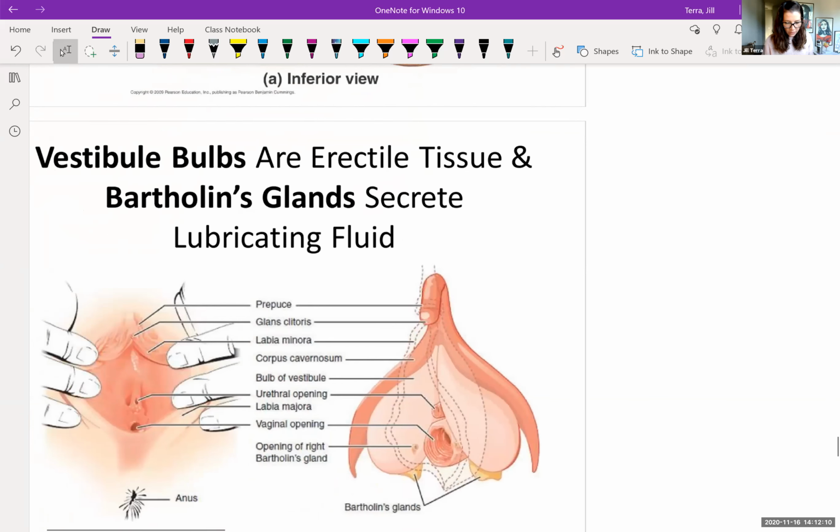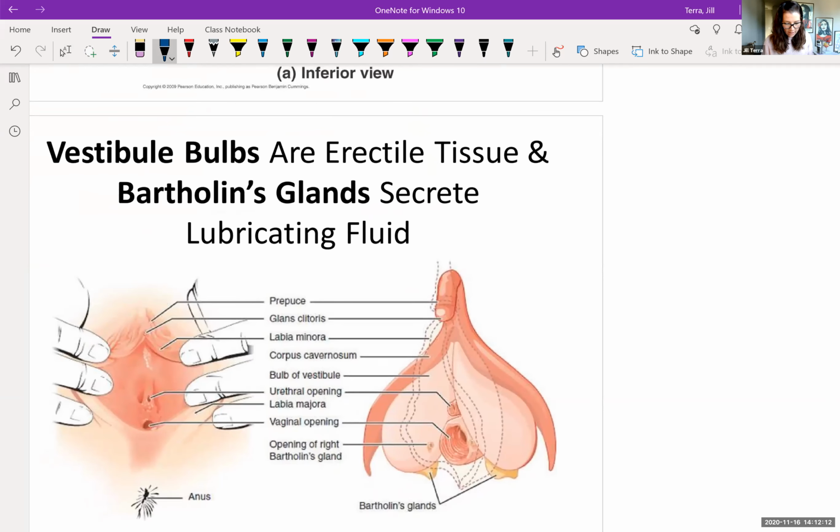Here's the vaginal opening, and flanking on the sides are these two openings of Bartholin's glands that secrete a lubricating fluid during sexual stimulation.